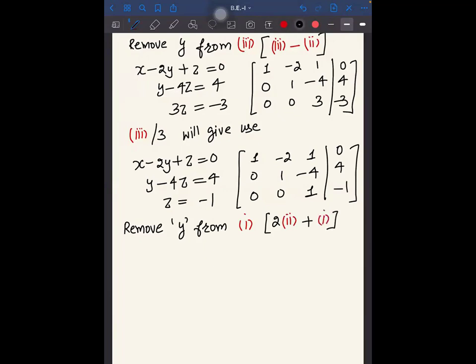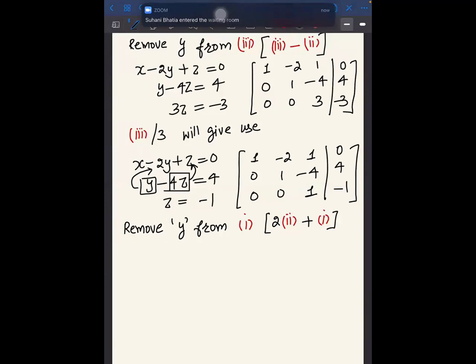Is it okay? So in that way, if you multiply this by 2 and add it over here, of course 2y and 2y will get cancelled. And if you have multiplied this by 2, that means minus 8z, which added to this will be minus 7z.